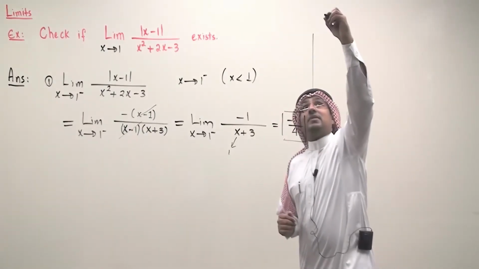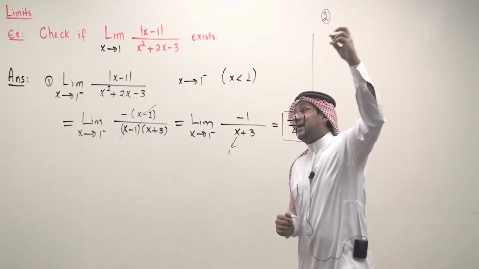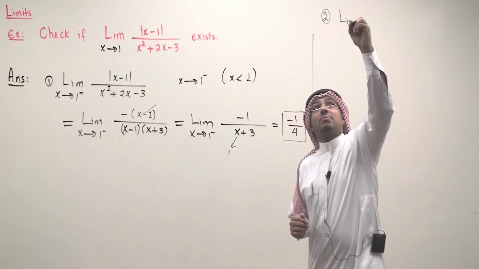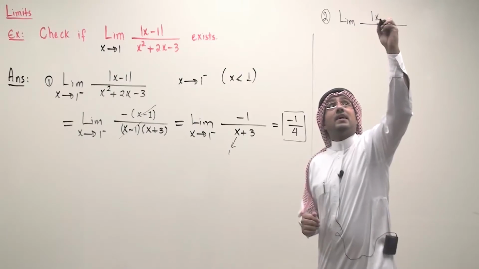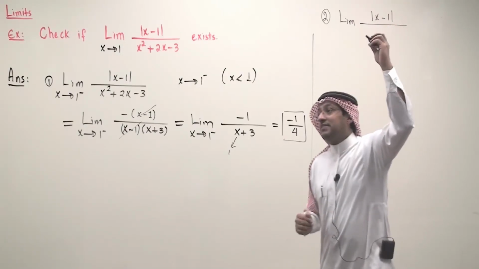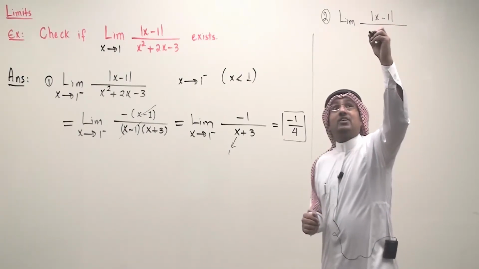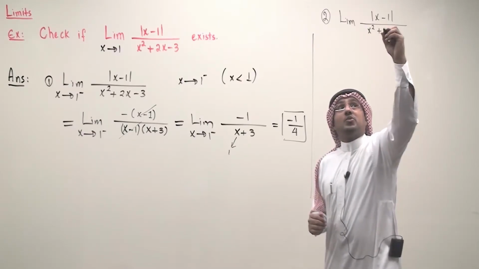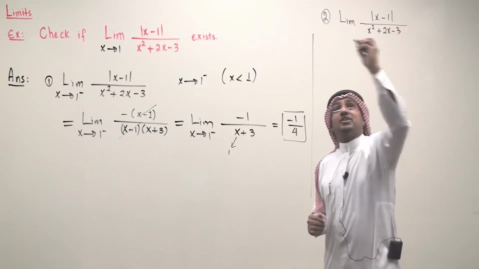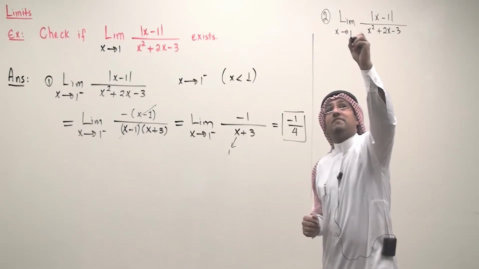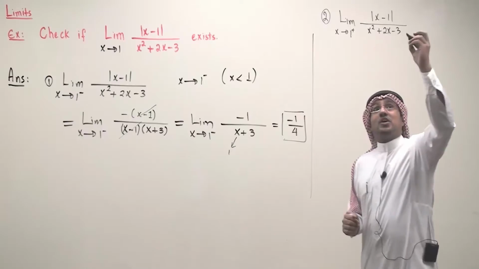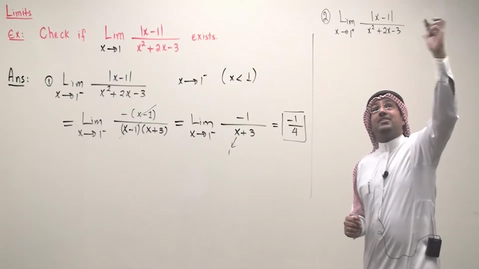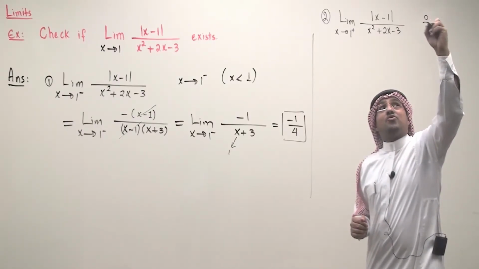The second limit: the limit of absolute value of x minus 1 divided by x squared plus 2x minus 3 as x goes to 1 from the right side. Here too, as x goes to 1 from the right side, it is of the form, in fact, 0 over 0.